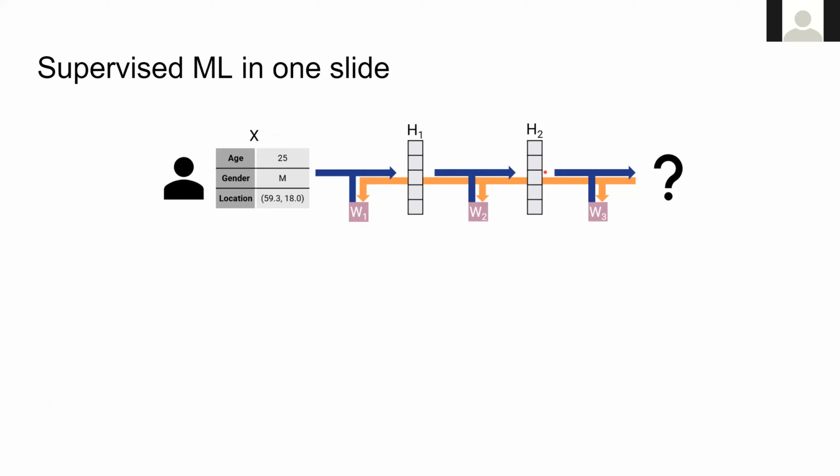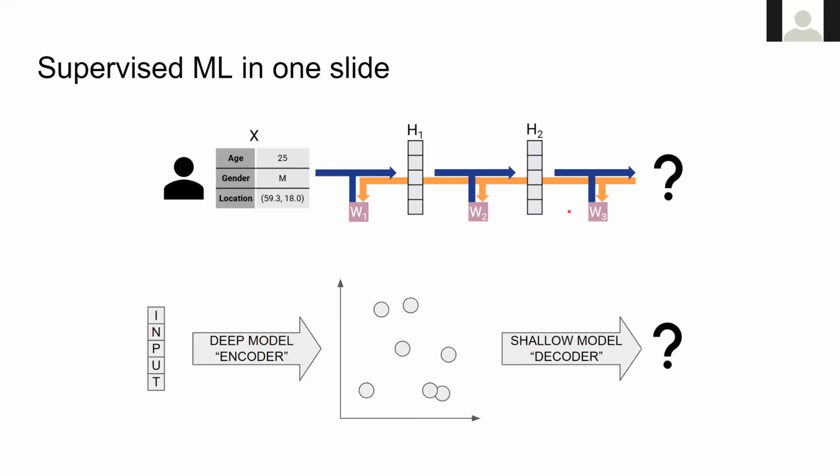And the more we proceed forward, the more our representation abstracts away from the input data and towards what is our final objective. And if we take this and abstract away from it, we can see it as two parts. A first part, which is a deep encoder composed of several layers, which takes our input data and maps it to this latent space, which would be in our case H2.